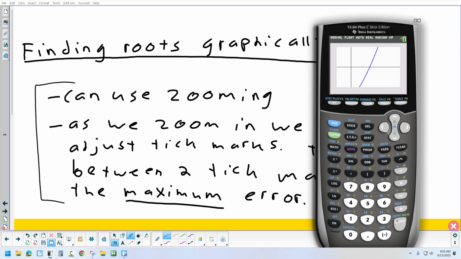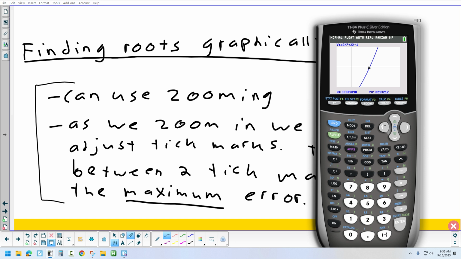What I can do is I can press trace. So now I'm on the curve. And I'm going to watch when my y value goes from negative to positive. When this value goes from negative to positive, then I know I've crossed the x-axis. Okay, I'm at negative 0.01. Okay, I just went positive.